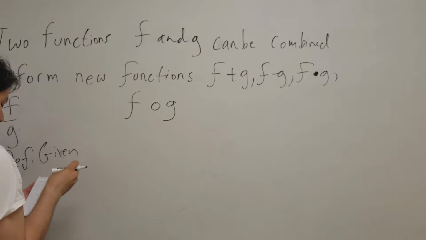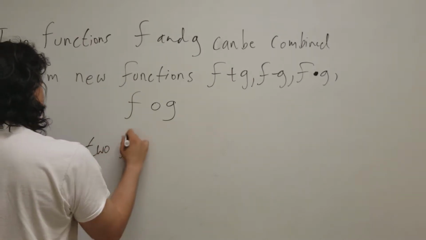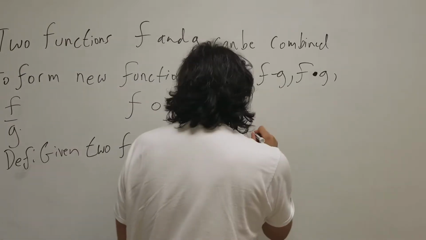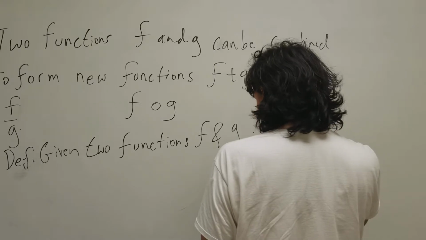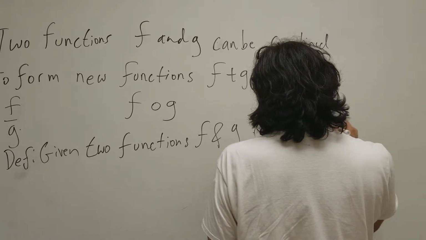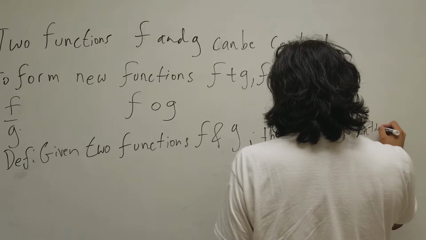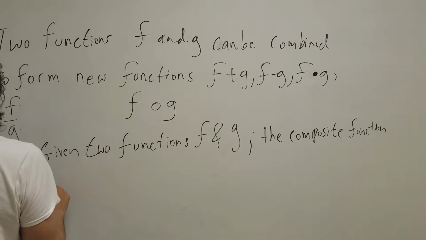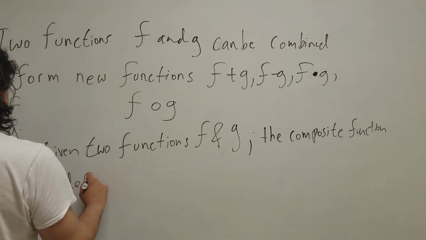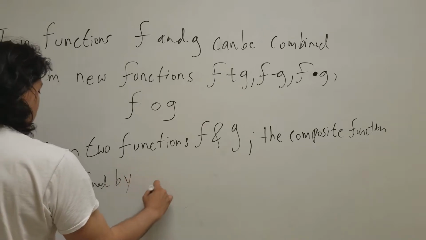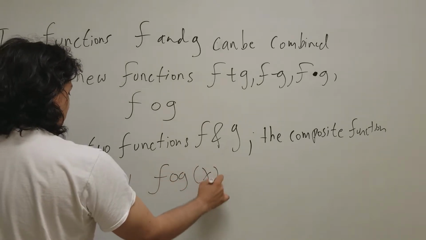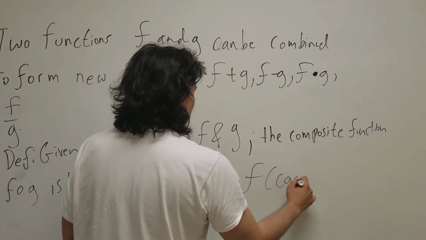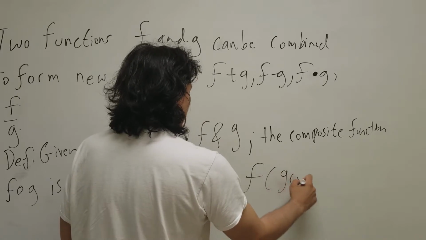So let me write what that means. Given two functions f and g, the composite function f composition g is defined by f composition g of x equals f of g of x.